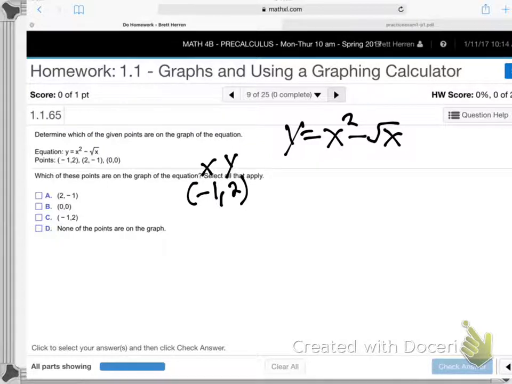That's the test for being on the graph, isn't it? They're not even showing me the graph, but they're saying, if we were to graph this equation and get a picture of it by hand or by graphing calculator, would the point back 1, up 2 be on that graph? And how we know is, does it make it true?